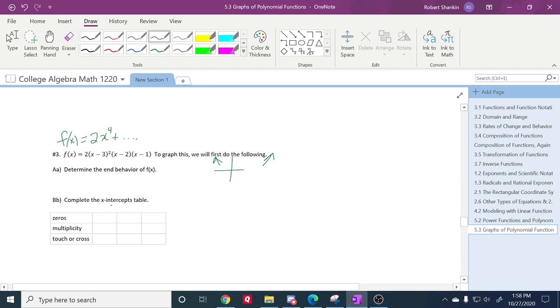Okay. Complete the table of x-intercepts with multiplicity. And let me go to group 2 for this. Group 2, do you have anything? Can we pass? You bet. Okay. Anybody? I'll open it up again. Complete the x-intercepts table.